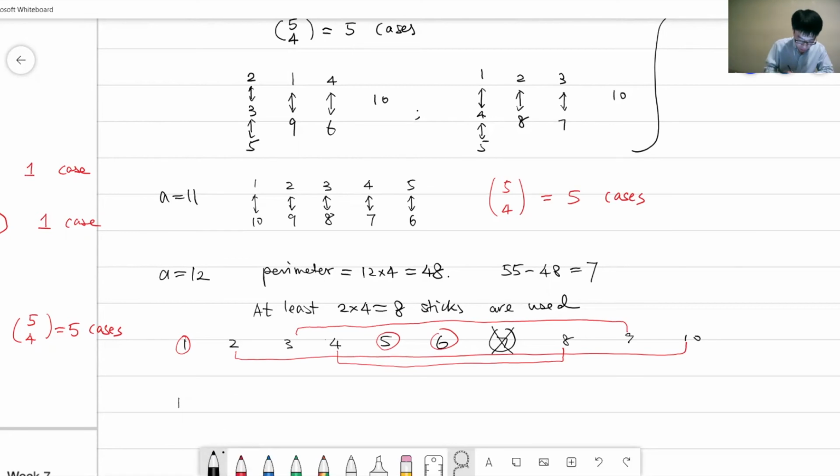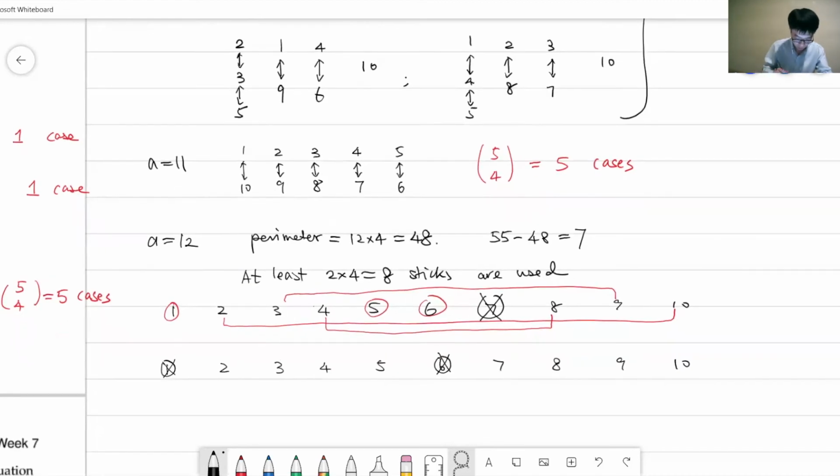There are other ways to remove sticks to sum up to 7. So 7 equals 1 plus 6. So we can remove 1 and 6, and use the rest of the sticks to form the square. For example, 10 has to be grouped with 2.